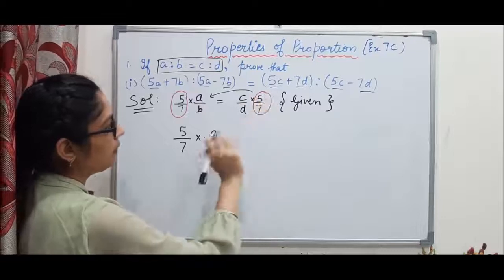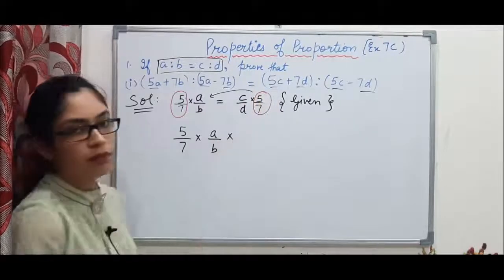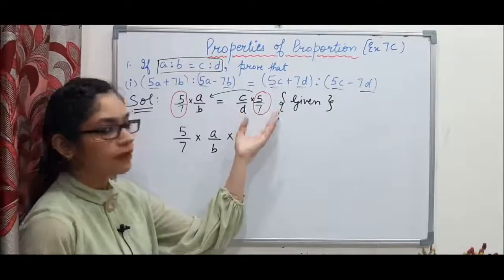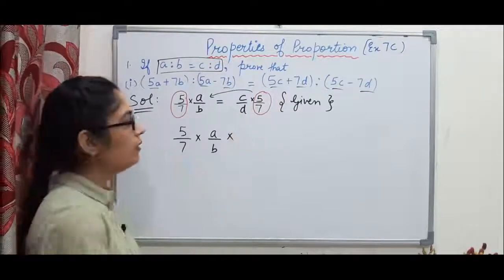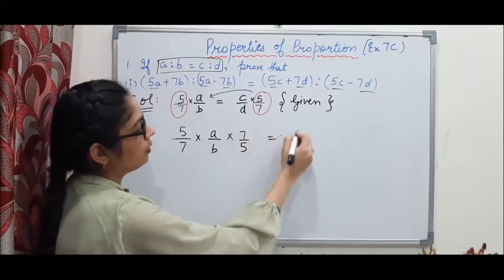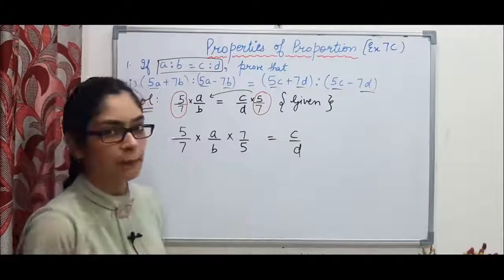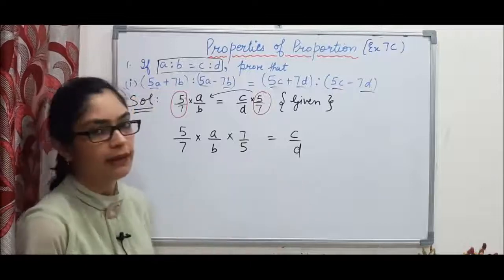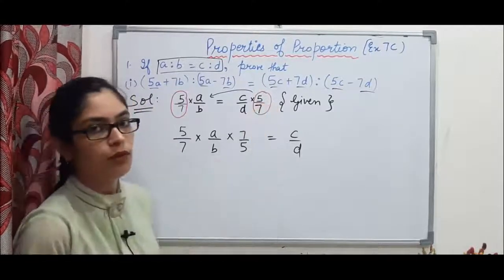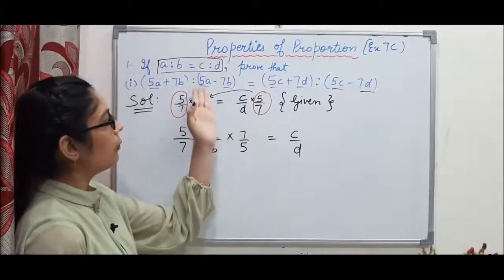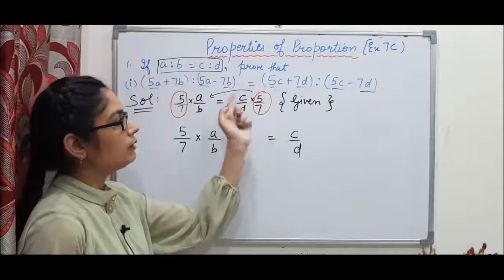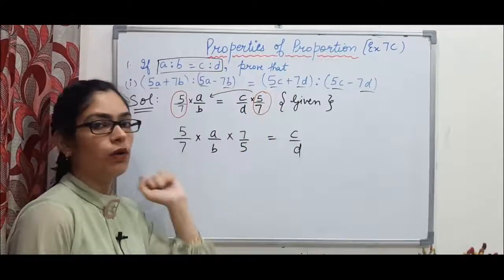This is multiplication only. Whenever a full fraction is in multiplicative form, if we want to shift it to the other side, we shift its reciprocal. After shifting to the other side, you have to write its reciprocal, because this 7 is in the form of division, so it will get multiplied after going to the other side, and 5, which is getting multiplied, is in the numerator, so it will go to the denominator.